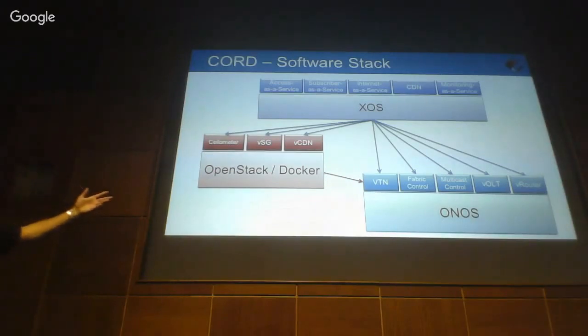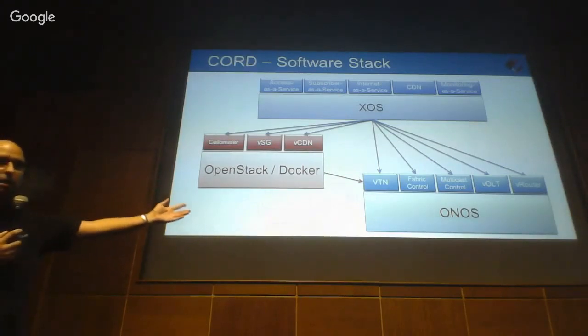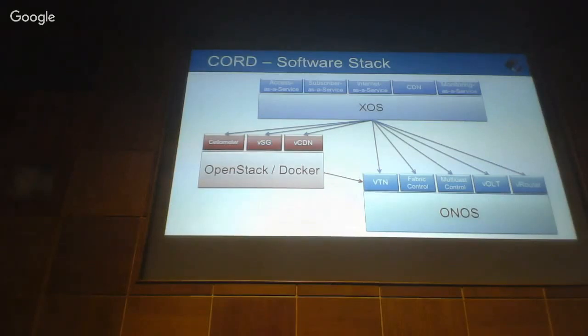And then we have OpenStack and Docker, where we have the implementation of some of these services, so VSG, vCDN, and then ONOS running some applications: virtual tenant networking (VTN), the fabric control, multicast control, VOLT, vRouter. And XOS orchestrates Docker, OpenStack, and ONOS to realize the function of the service graph that you have defined in CORD.